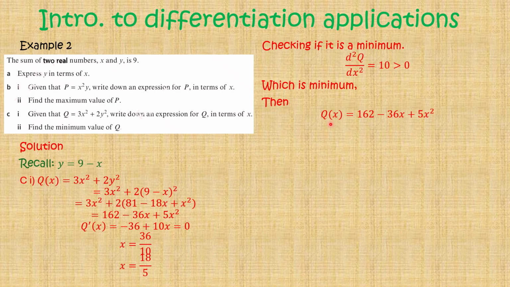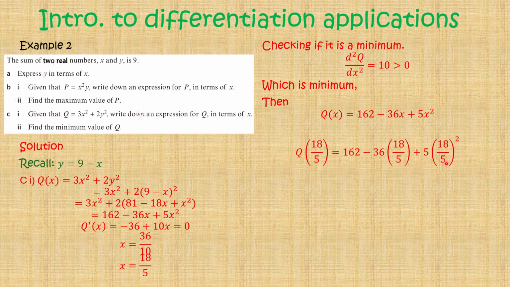Anyway, so we are going to find what the minimum point is in terms of the q value. So the q of x, we know it from part C, item 1, to be 162 minus 36x plus 5x squared. Now substituting for the x that we obtained in part 1 into the q, so that we have a q of 18 over 5. Wherever we have x, we substitute with 18 over 5.